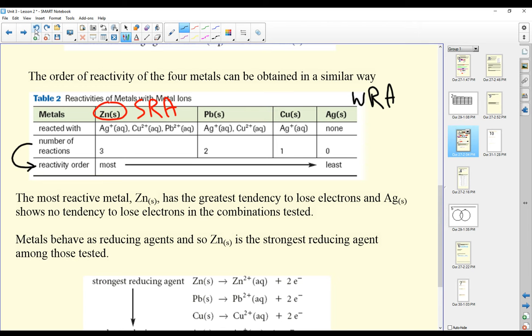And then working our way down, Ag is the least reactive. All right. So we have our strongest reducing agent, which means that it wants to undergo oxidation and it causes something else to undergo reduction. A reducing agent means that it makes something want to reduce. Our oxidizing agent means it makes something want to undergo oxidation.